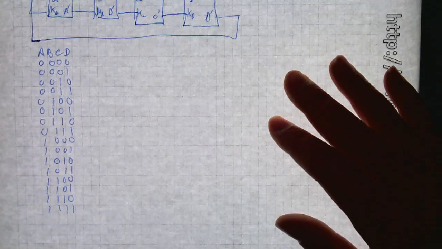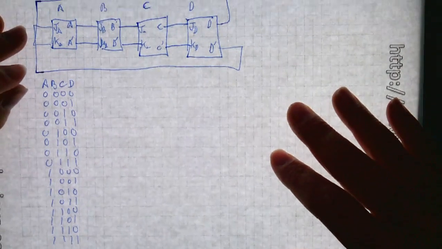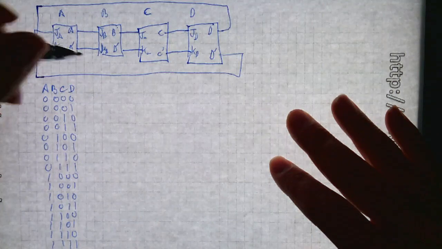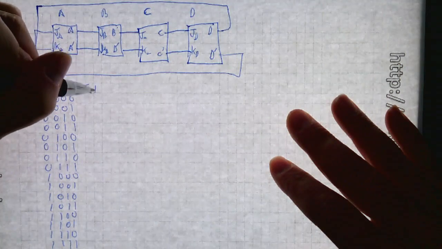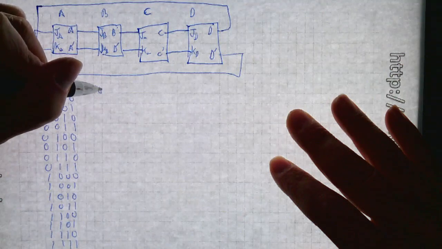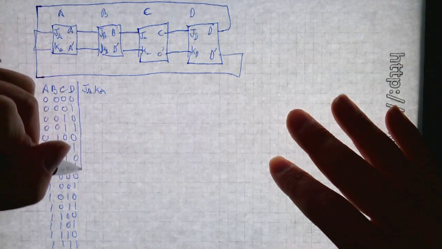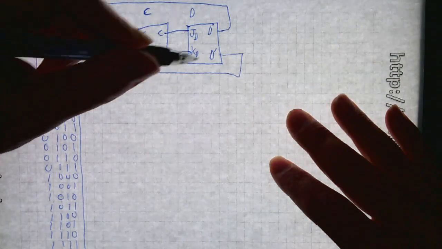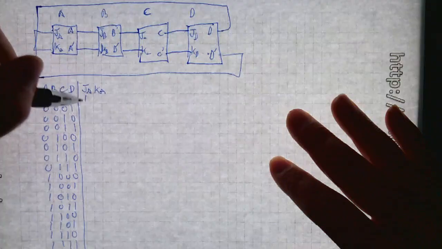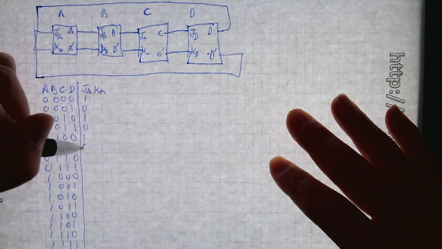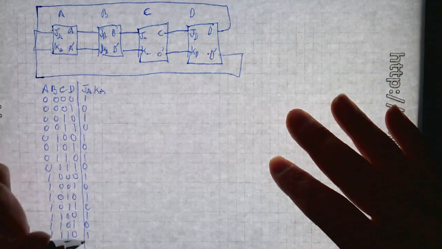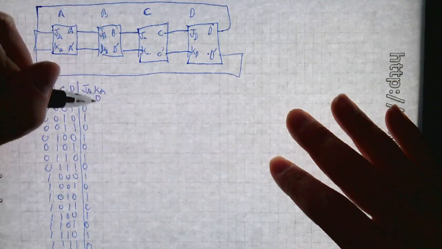Okay, now let's take a look at what the inputs will be given the wiring that we've got up here. I know I've rolled it off the screen, but it's not really that hard to remember. We'll just start with the first digit. And what we know is JA is equal to D prime. And we know KA is the opposite, just like before.